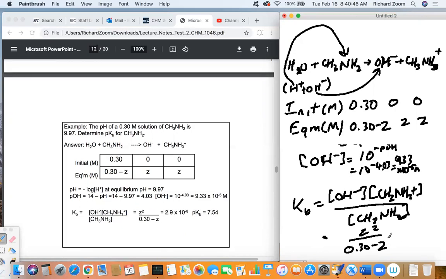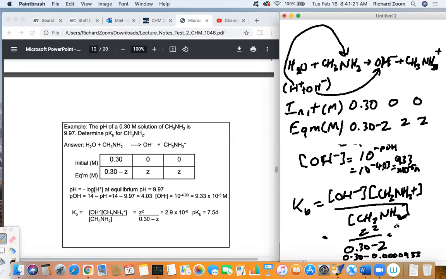Now the 0.30 minus Z, if you were to do this using decimals, it's effectively 0.30 minus 0.000933. And I'm hoping you can see that, going by significant figures, effectively what we're going to have is simply Z squared.